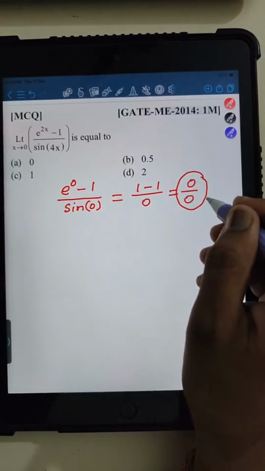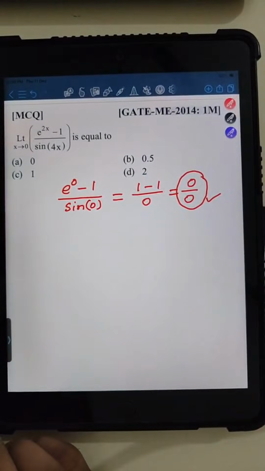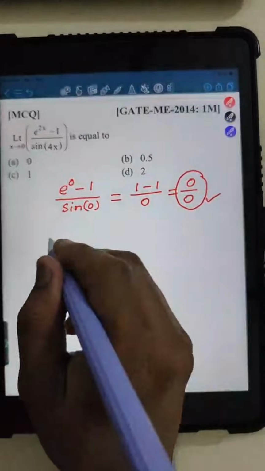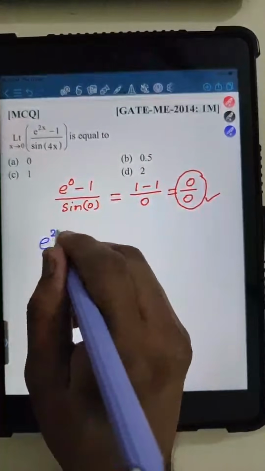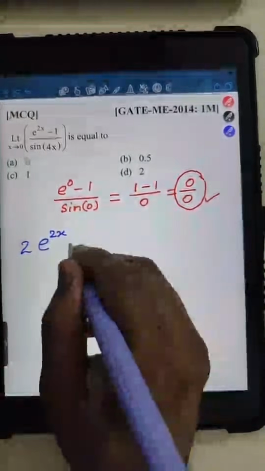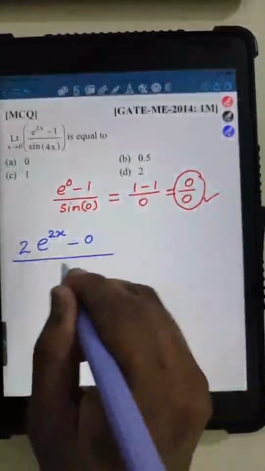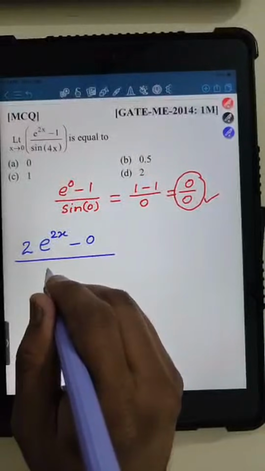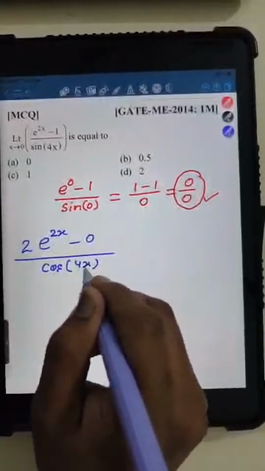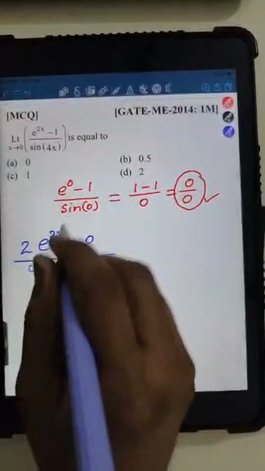That means you have to differentiate the numerator part and denominator part. Once you differentiate the numerator part, you will get e raised to the power 2x times the derivative of 2x, which is 2, minus 0, upon the derivative of sin 4x, which will be cos 4x, and the derivative of 4x gives 4. Right?